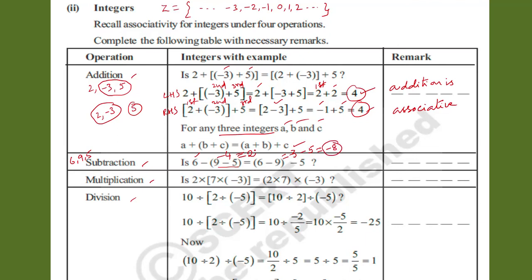So observation here, in the first instance, that means LHS part, we got 2, and the right hand side part, what we got? Minus 8. 2 is not equal to minus 8. So we can say that subtraction is not associative.